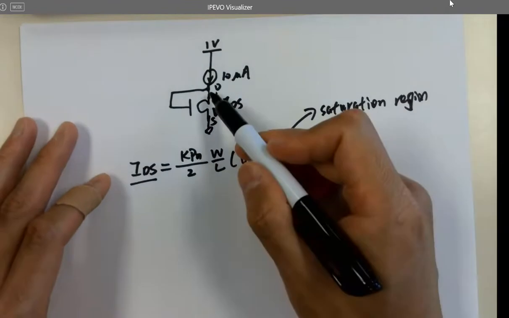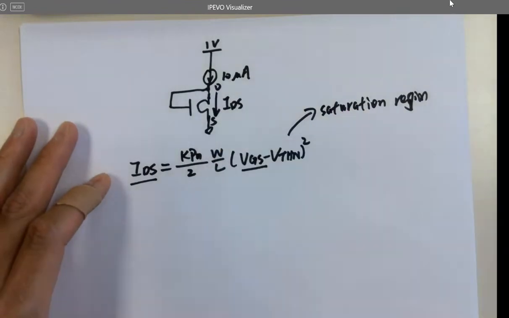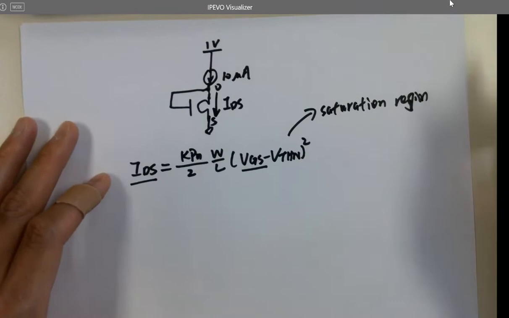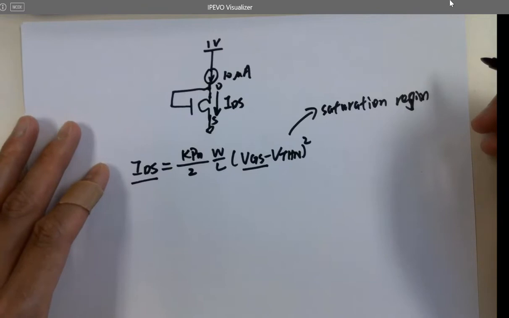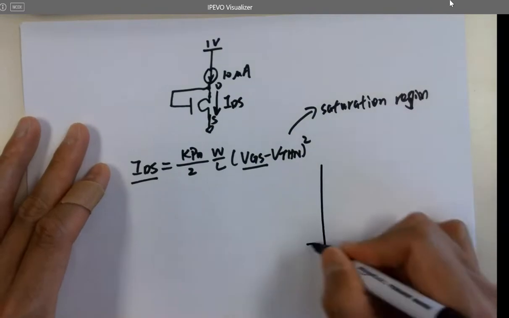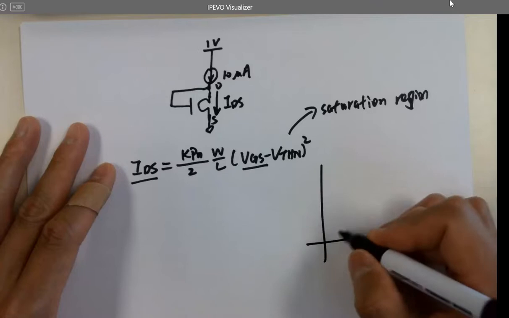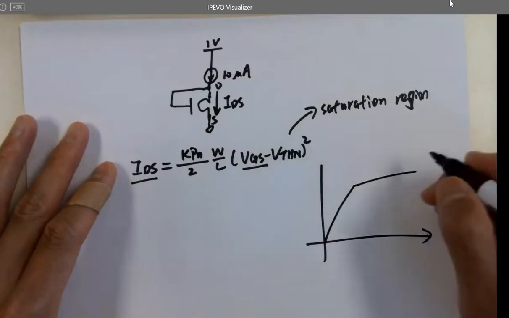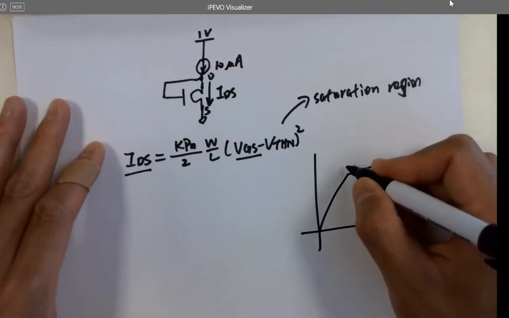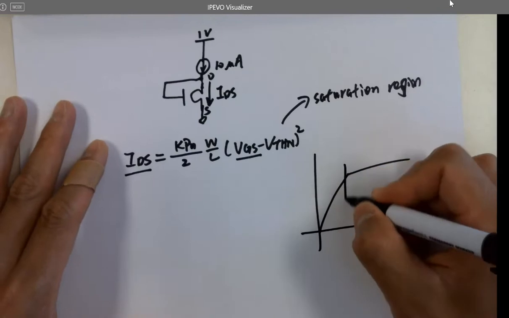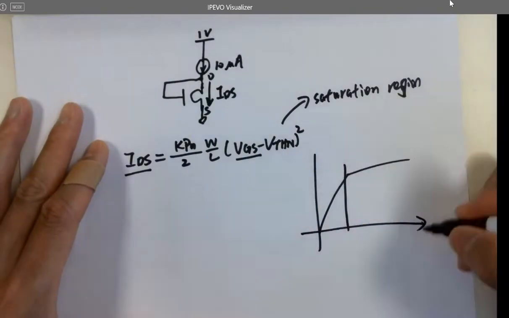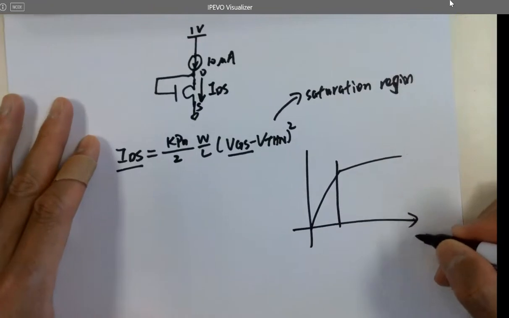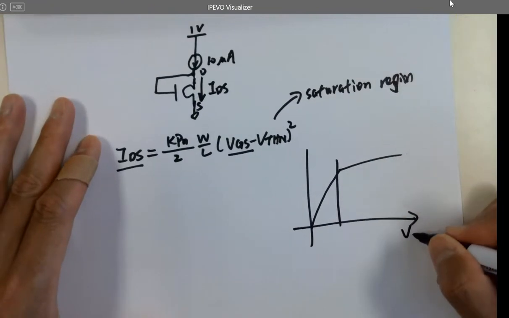And why do we know that this is being operated in the saturation region, but not triode or cutoff? How could you tell that? Remember, where's the saturation region and what's required? What's the x-axis for this IV curve?